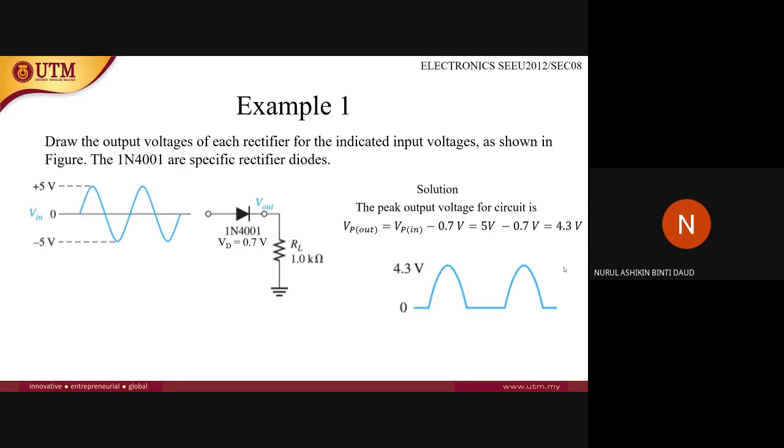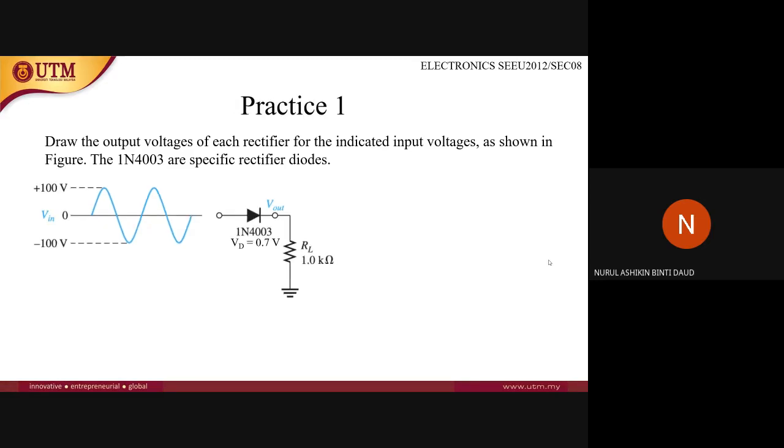Okay, move to the next question. The next question is the same as the previous one. Draw the output voltage of each rectifier for the indicated input voltages as shown in the figure, and this is the type of the diode. The diode drop for this diode is 0.7 again.